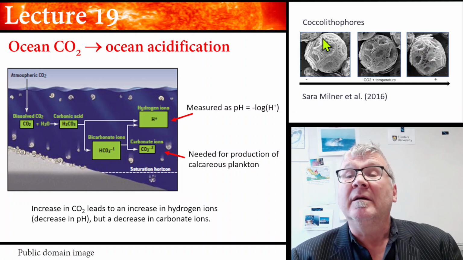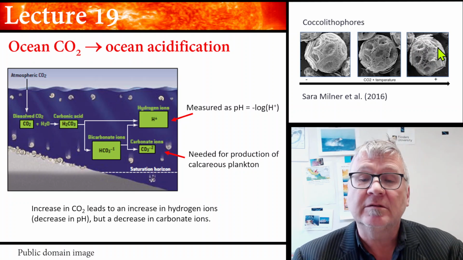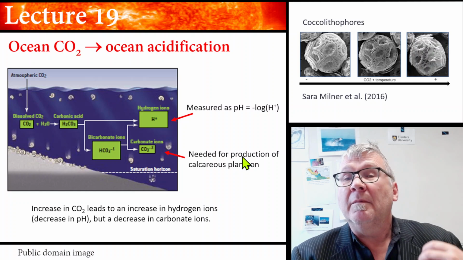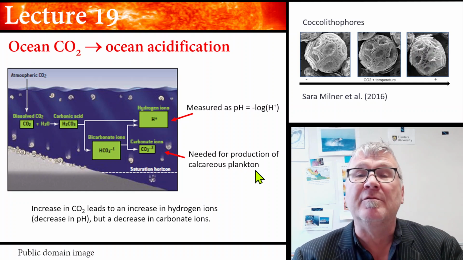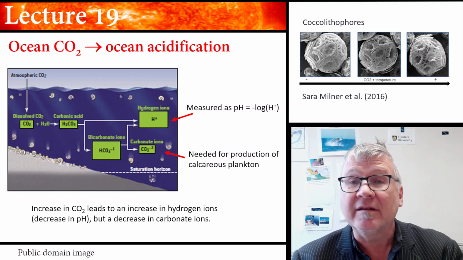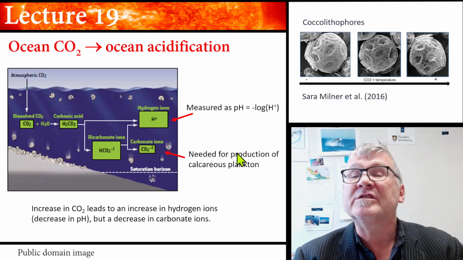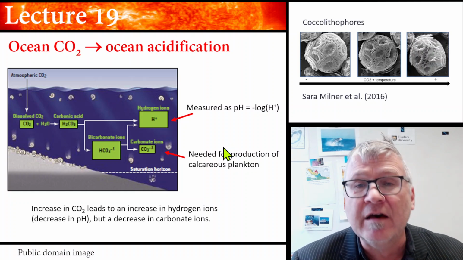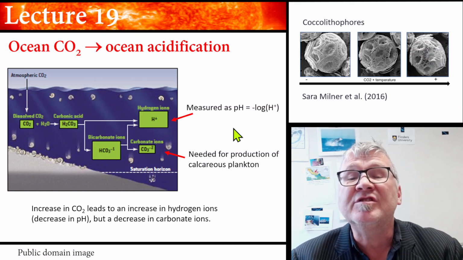For the production of these special plankton species, you need particular carbonate minerals, which are calcite and aragonite. These are essential. At this current time, we have enough of these minerals in the ocean down to a certain depth.